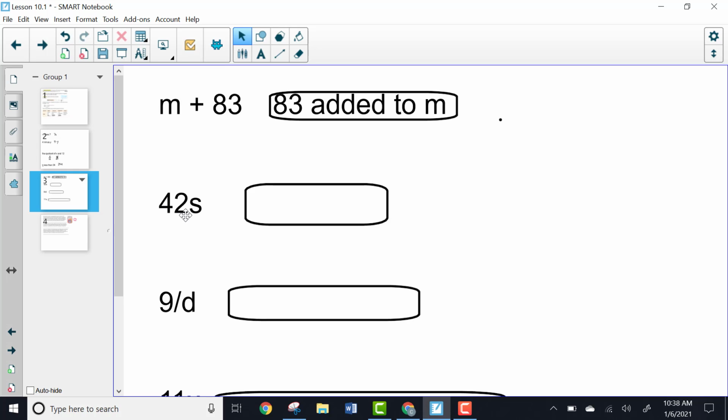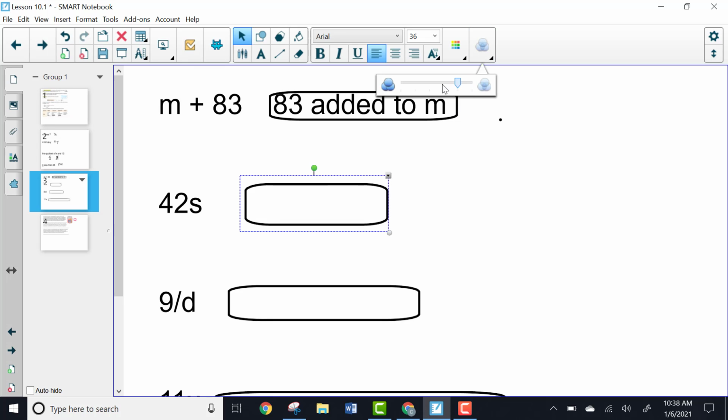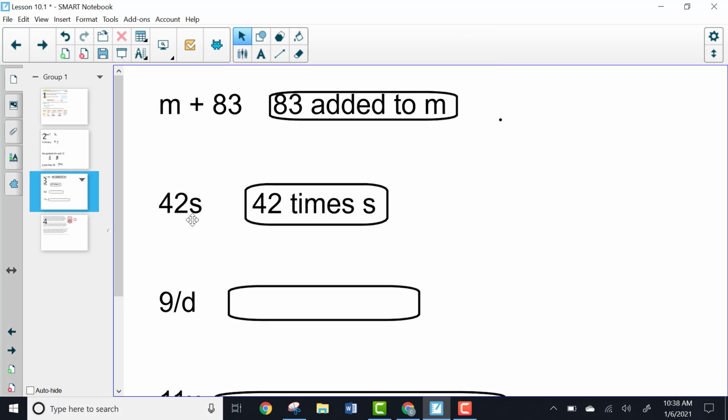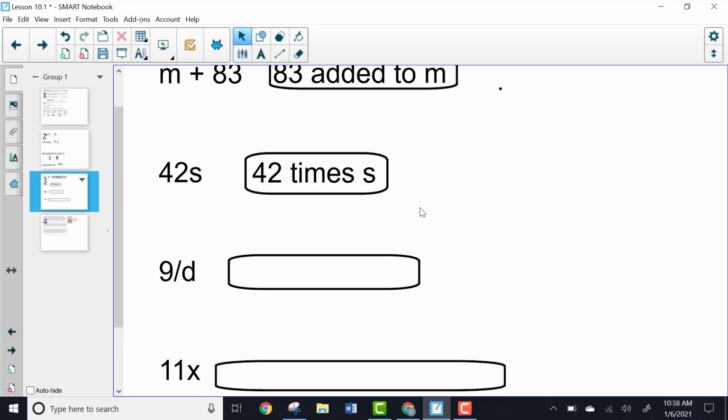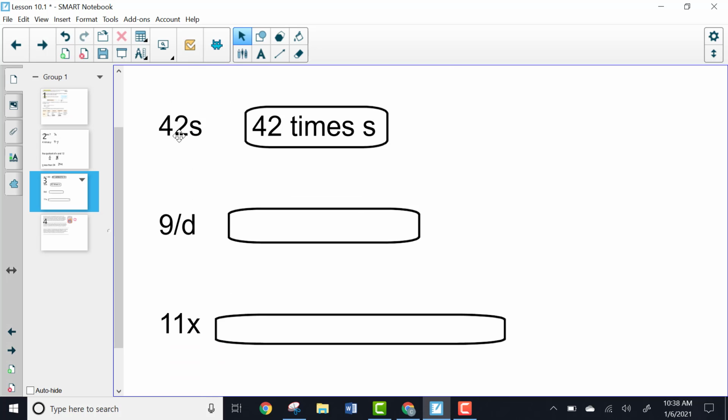Okay, so the next one, 42s. You may look at this and say, well, there's not an operation symbol or anything like that. However, understand whenever there's a constant next to a variable, that means it is multiplication. So what we have here is 42 times s. Pretty simple, right? Not too difficult. So 42 times s is the phrase that represents that algebraic expression.